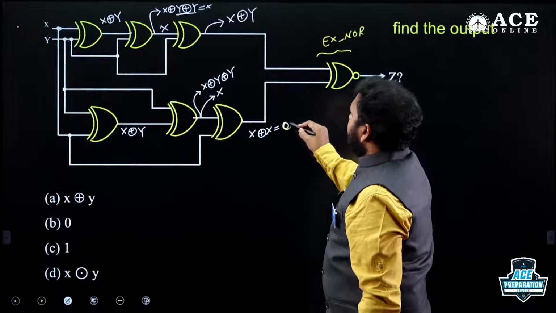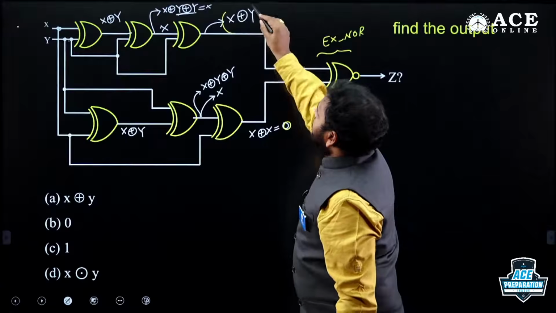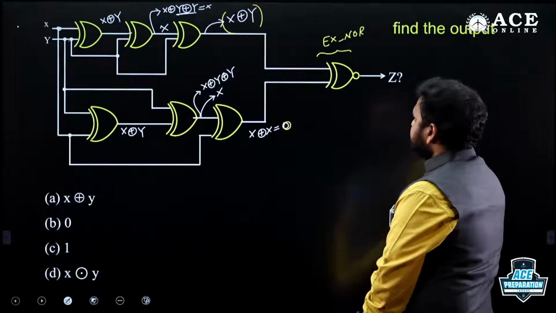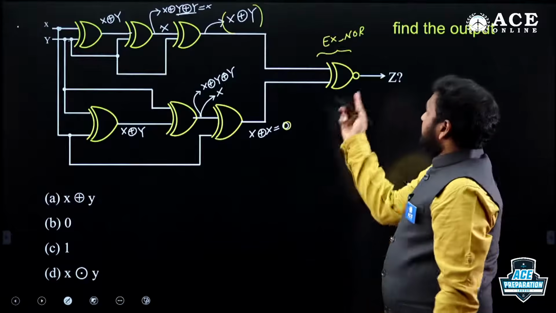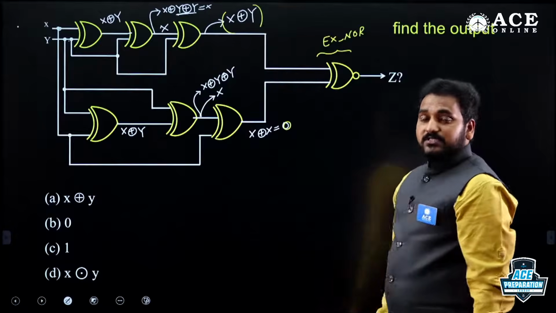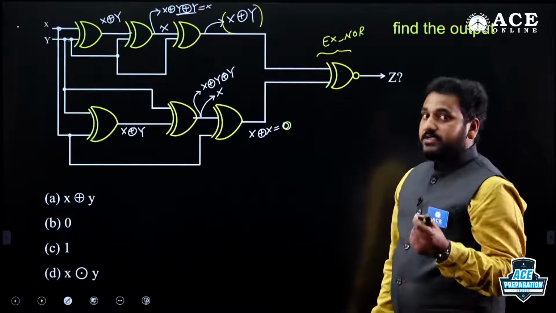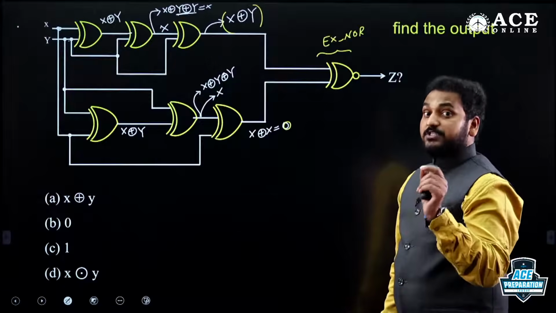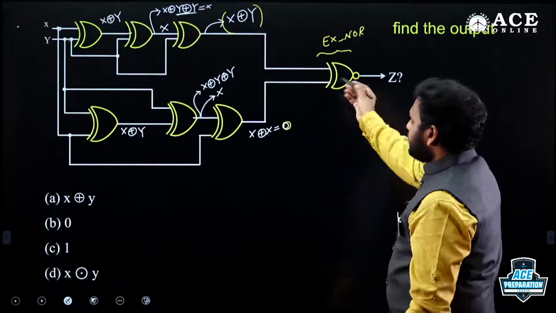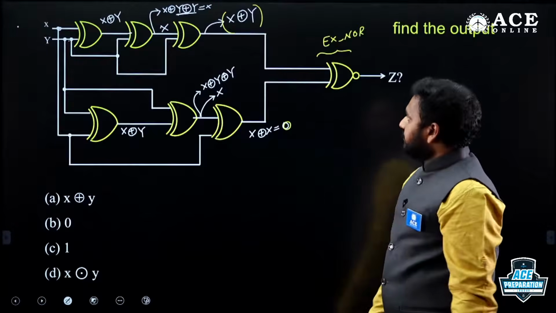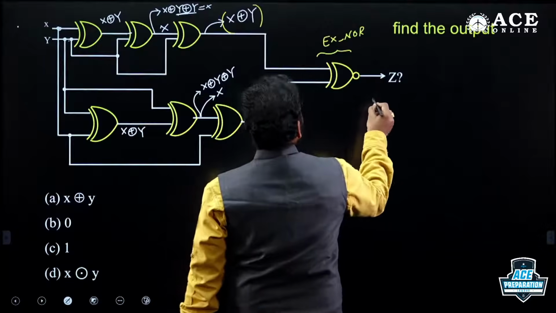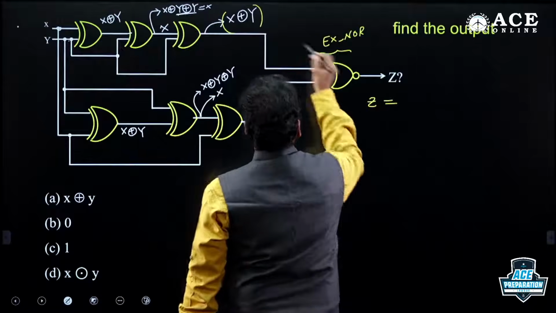No. One input is 0, another input is something, you assume it as K, X XOR Y is K. Or otherwise you recall, for Xnor gate, if one input is 0, it acts as inverter. One input is 1, act as buffer. So it is an inverter. As it is an inverter, output is the complement of second input.